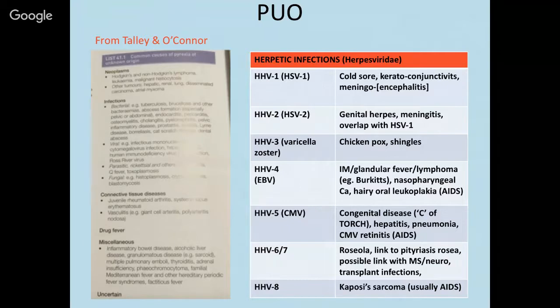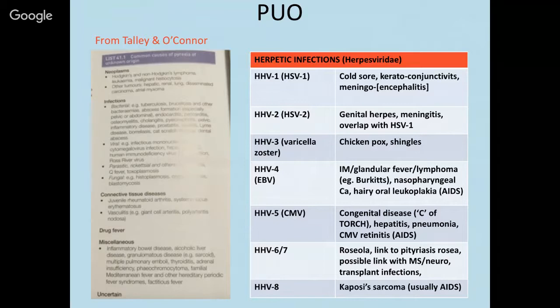HHV4 is Epstein-Barr virus, or mono or glandular fever, and that's associated with glandular fever-like illnesses with lymphadenopathy and sore throat, and you feel really unwell for usually a while. It's also associated with, say, chronic fatigue, lymphoma, and some kinds of cancers.